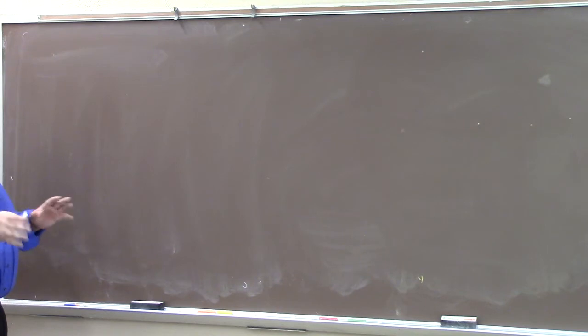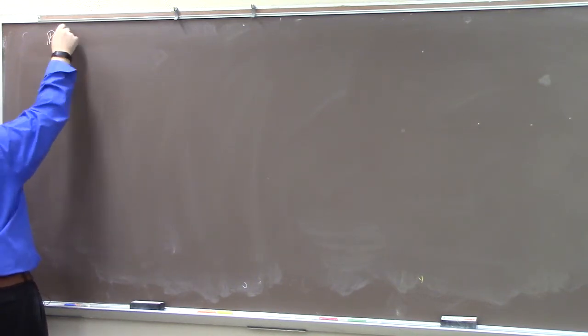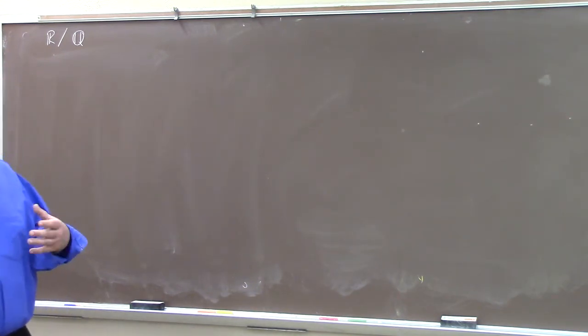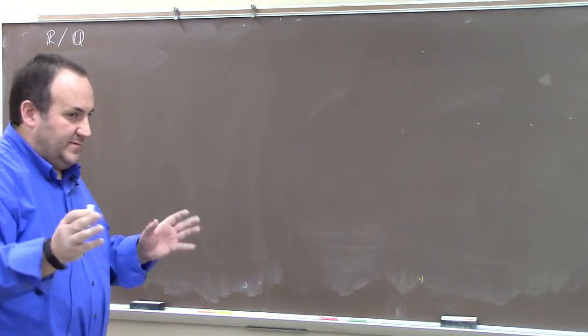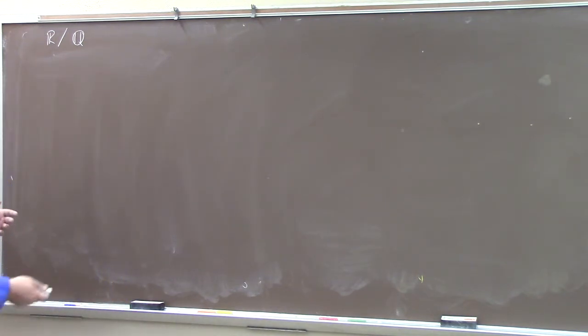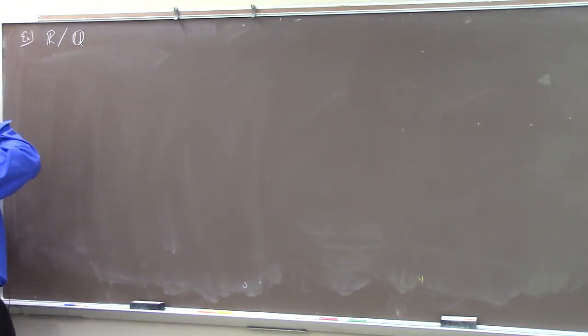I think the reals over the rationals. The reals over the rationals is not a finite extension. The reals are not a finite dimensional vector space over the rationals. It is a difficult question to ask what the basis is of the real numbers with respect to the rational numbers. That's a whole other can of worms, but those bases, whatever they are, are infinite.